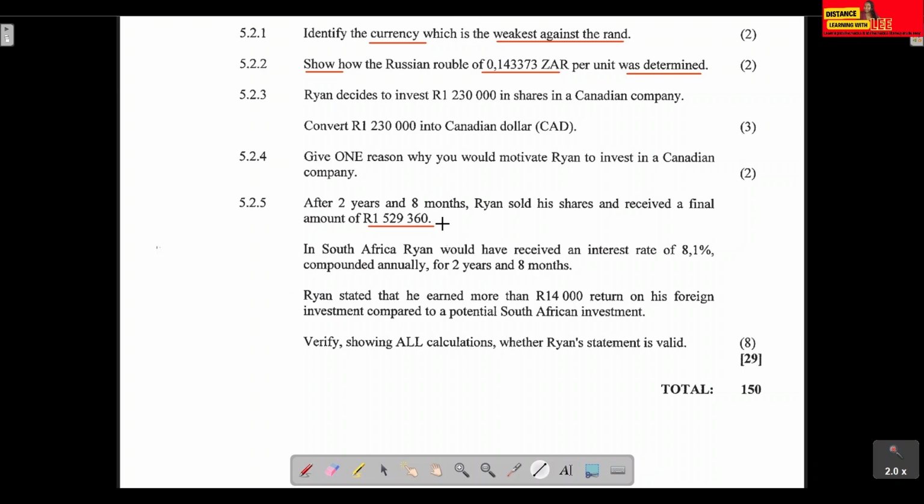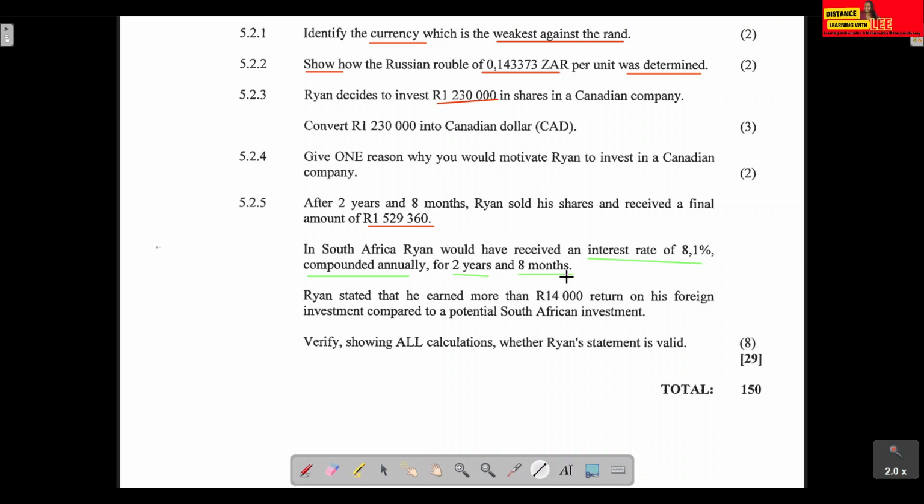So we are told that if Ryan had decided to invest his 1,230,000 in South Africa, he would have received an interest rate of 8.1% compounded annually for 2 years and 8 months.